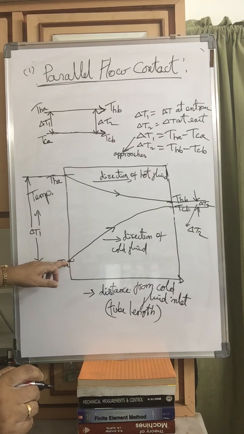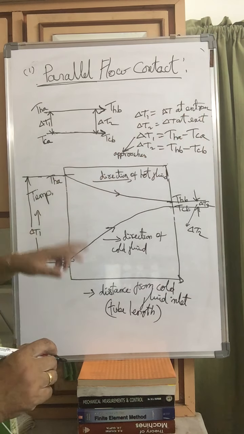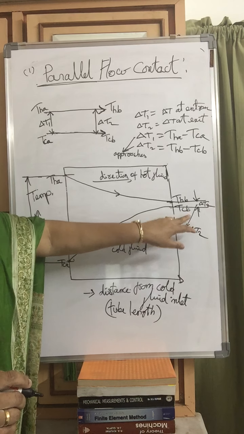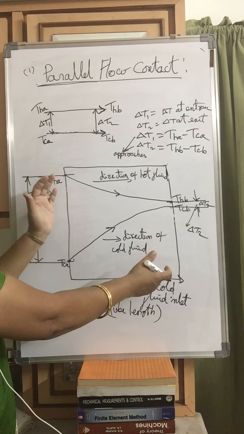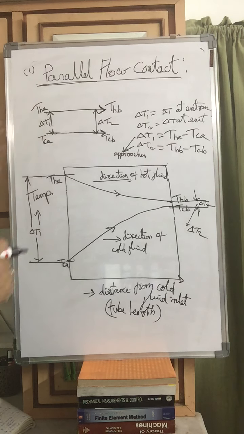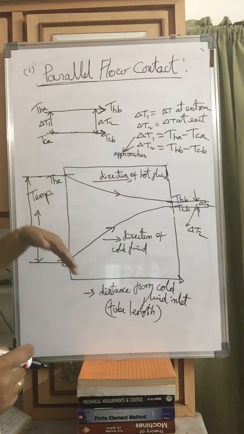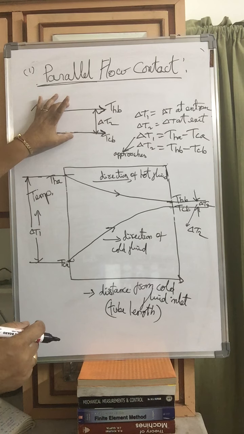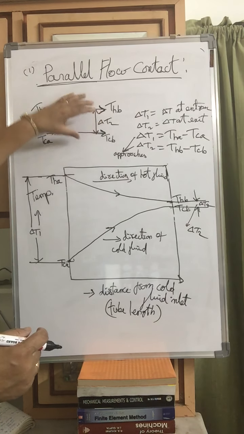Delta T1 equals THA minus TCA. Delta T2 equals THB minus TCB. That means this whole diagram is represented using just two lines. Same thing we are getting. When you work out problems, you need to draw this diagram. This you need not show in problems. In problems, use this.